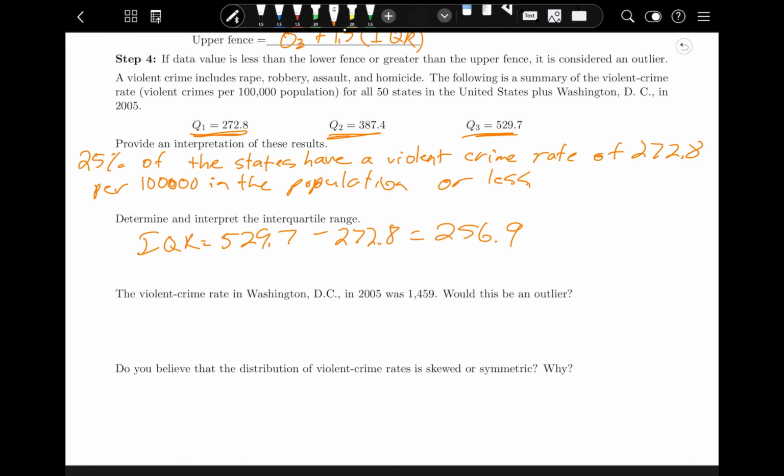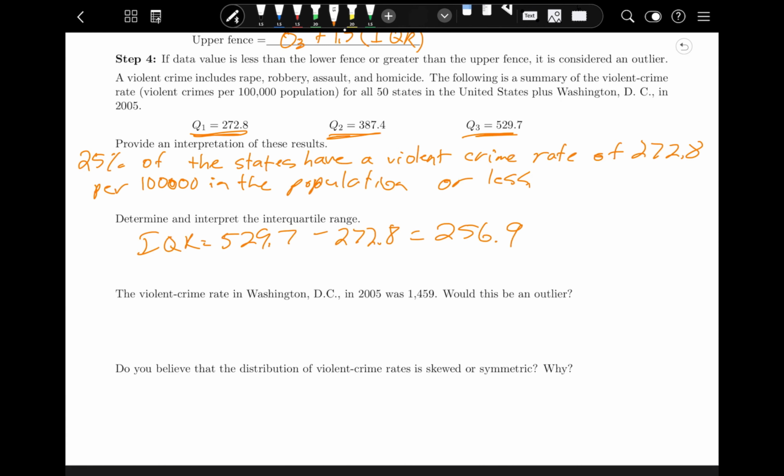And the interpretation for that number is that the middle 50% of the data has a range of 256.9 violent crimes per 100,000 in the population.